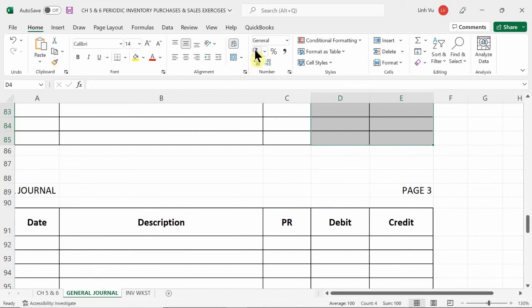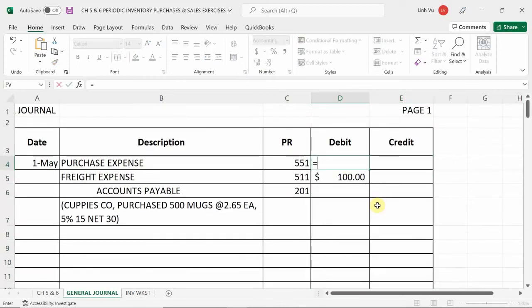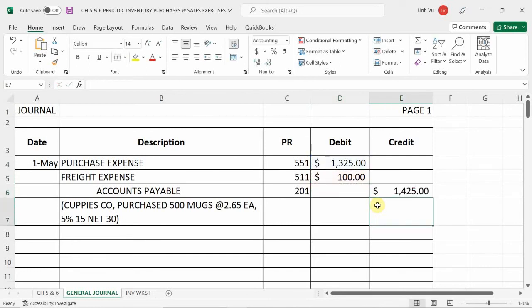So how much is my total purchase expense if I purchase 500 units at $2.65 each? $1,325. Good. $13.25. So in this case, your grand total is going to be $14.25.